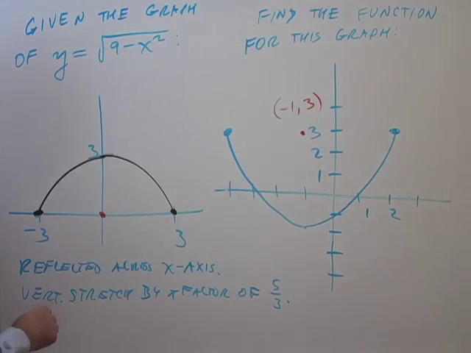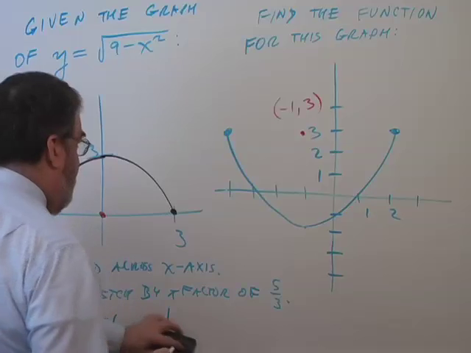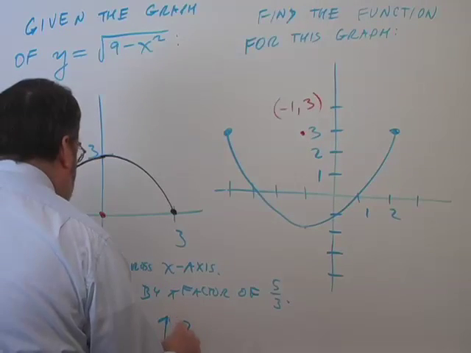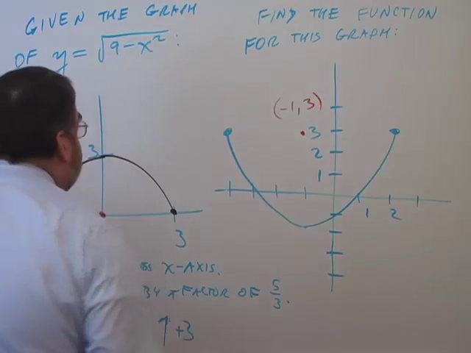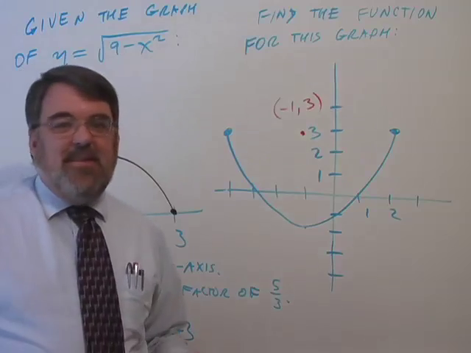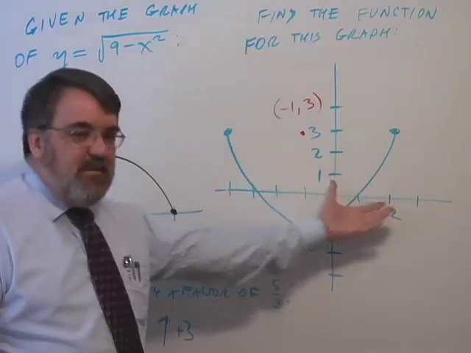As far as the translations, it was shifted left by 1, and not down, it went up by 3 units. Up by 3. So there are the 4 basic transformations that carried us from the basic function over to this graph.